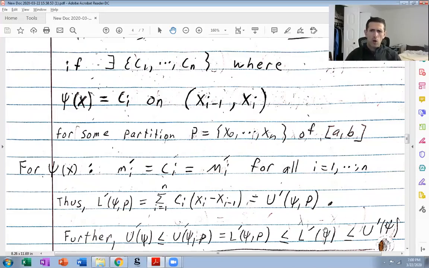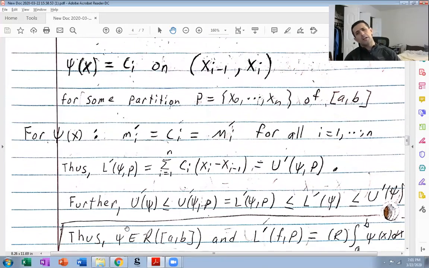Okay, so you'll notice that all of these quantities here are sandwiched between the same number. So that trivially forces everything to be equal here. So in particular, these two are in fact equal. And they equal this common sum here because they equal both of these. So to summarize, a step function is Riemann integrable.